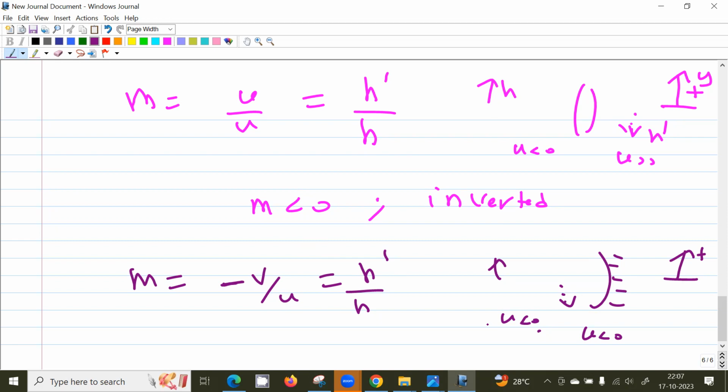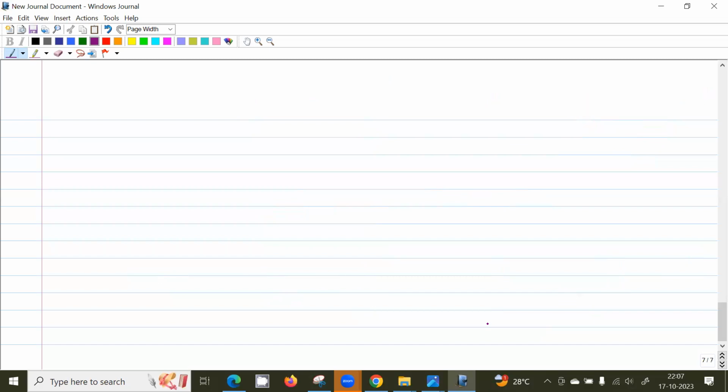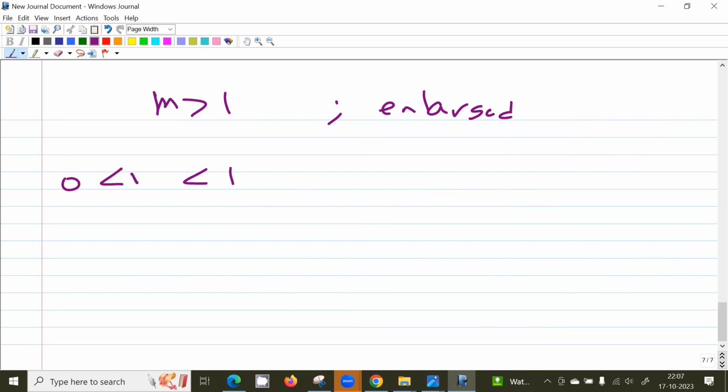Okay. So negative magnification is an inverted image, and magnification greater than 1 means an enlarged image, image size greater than the object size. And magnification that is a fraction, less than 1 but greater than 0, is a diminished image.